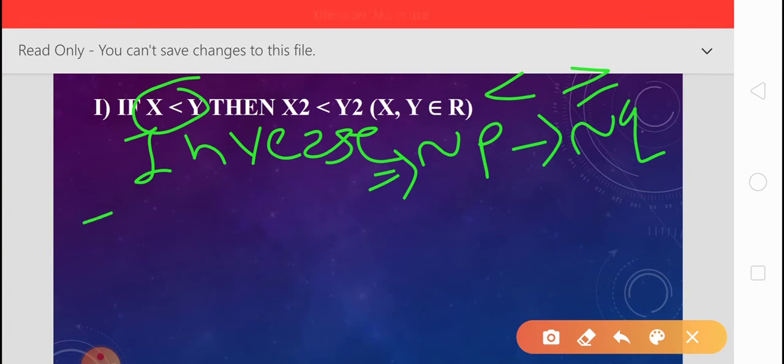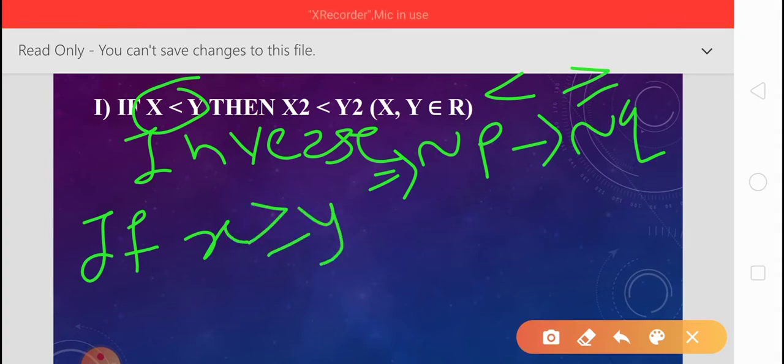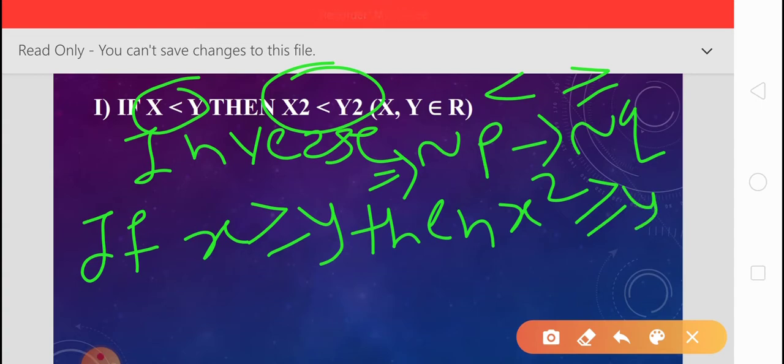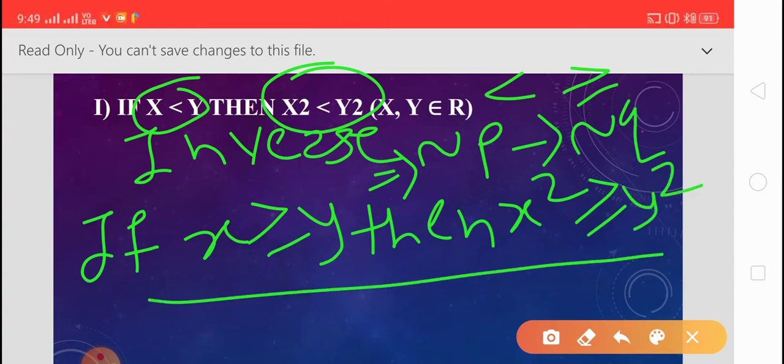So write: if x greater than or equal to y, then x square greater than or equal to y square. This is the inverse of this statement.